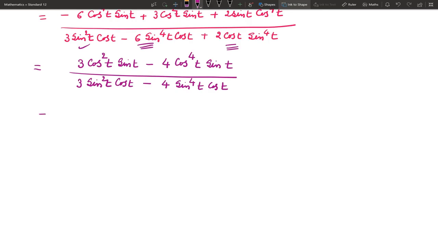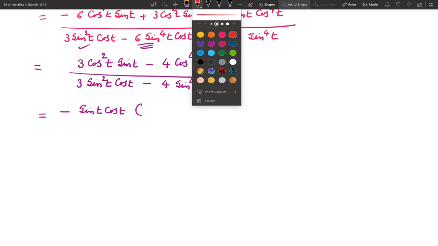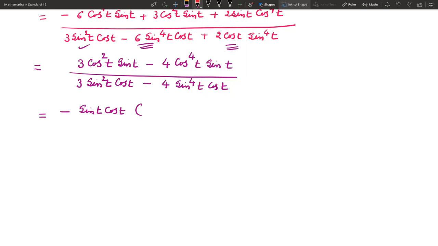Now from the numerator and denominator we take, in the numerator, minus sin t cos t common, so 4 cos cube t minus 3 cos t. From the numerator we have taken minus sin t into cos t common.